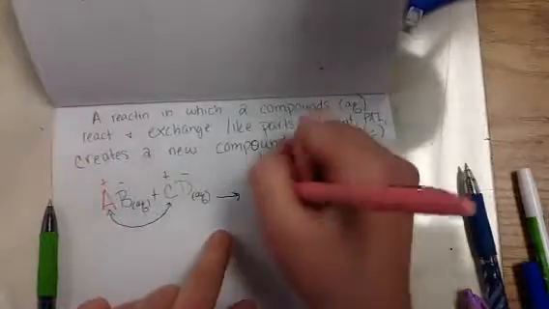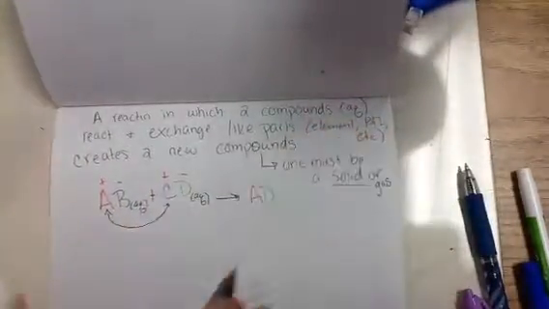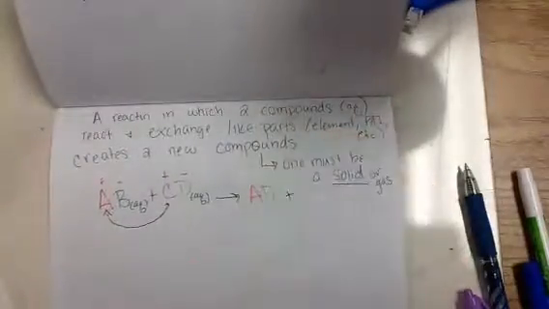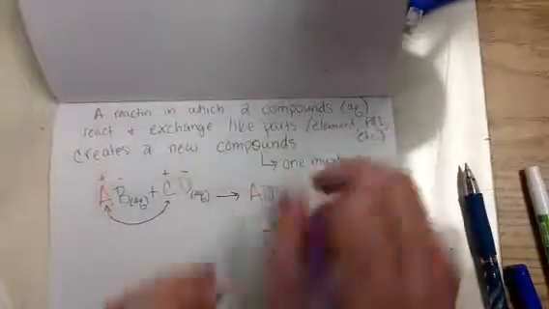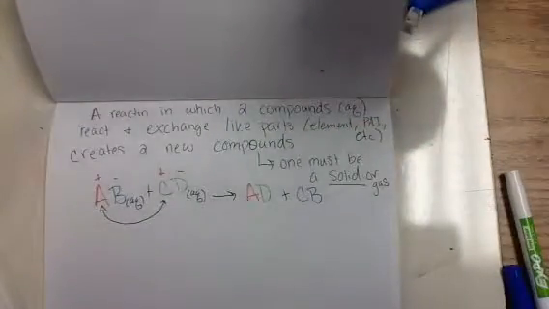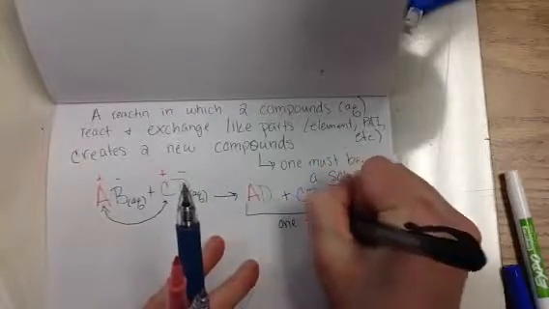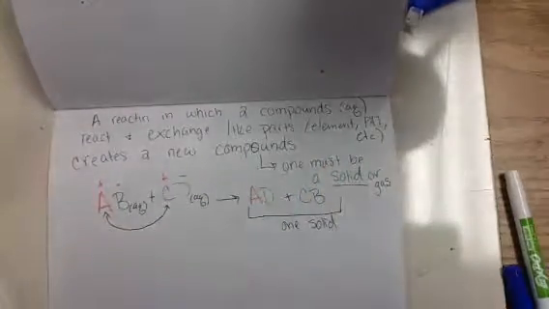I'll go through that again in a minute. A is going to be bonded with D, plus C bonded with B. One must be a solid, and the other one's going to be aqueous.